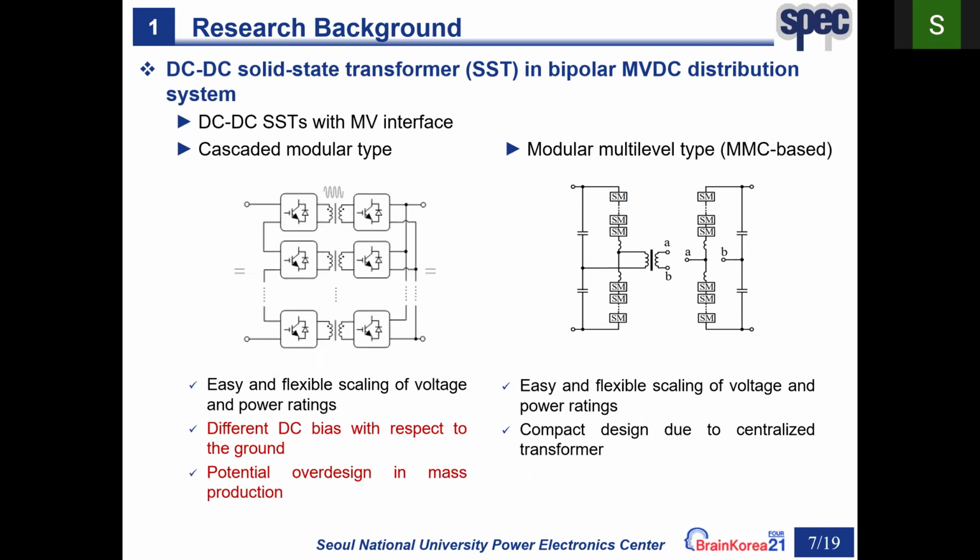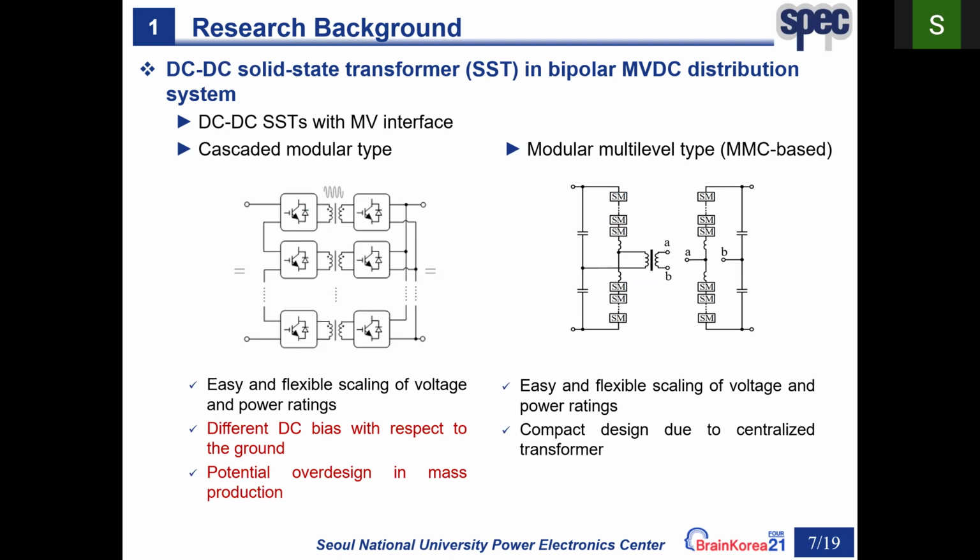And to withstand medium voltage level, 2 candidates are widely considered, which are the cascading modular type and the modular multilevel type. The left figure shows a typical input series output parallel topology of the cascading modular type DC-DC SST.